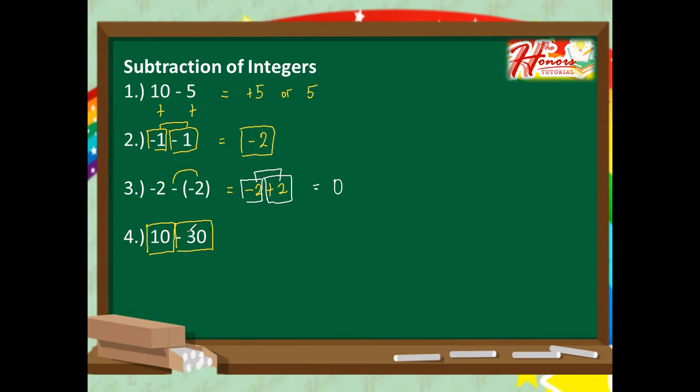So if we have positive and negative, just like what we have learned in addition of integers, we have to subtract them because the other one is positive, then the other one is negative. So we have to subtract the numbers 10 minus 30, that is 20, and then copy the sign of the larger number, which is negative because 30 is a negative number. So we have here negative 20. And that is the answer for number 4.